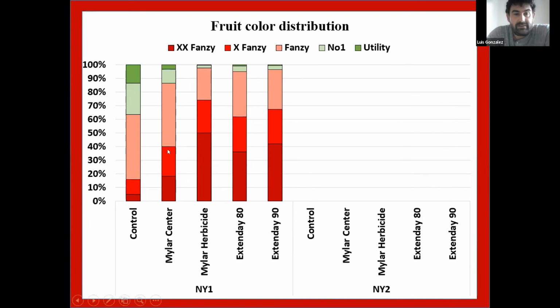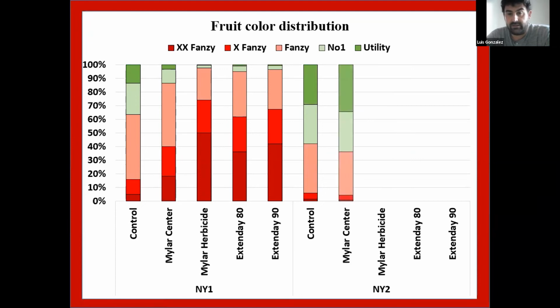The mylar in the center increases the extra fancy color by 20%. In this case it is 40%, and mylar in the other area and the two extended materials reach extra fancy grade between 60% or 70% of the yield. It is a great increase with respect to the control.